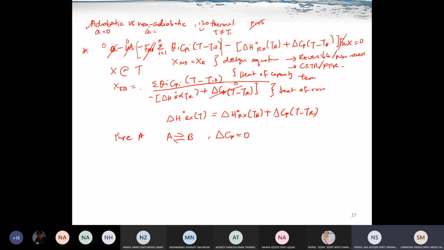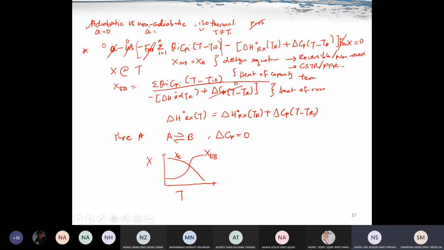The reason we need to get X E and X EB is so that you can plot the graph of X versus T. You are going to have two curves. Usually the X E is like this. Then we have X EB, which looks like this.